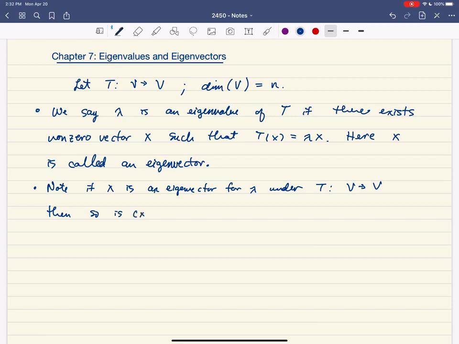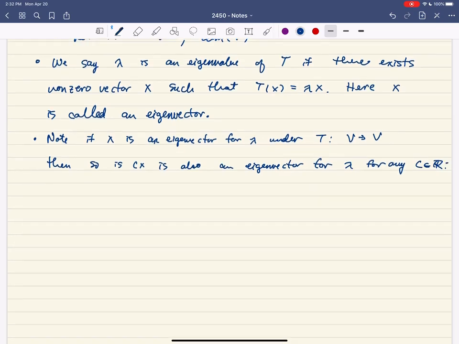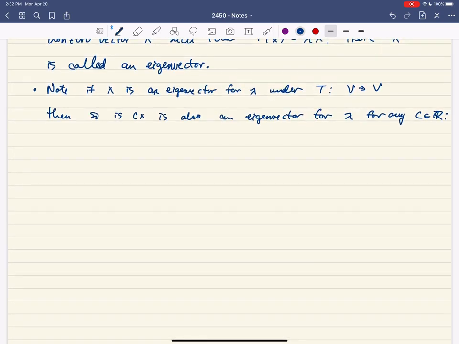So Cx is also an eigenvector for lambda, for any real number C. And the reason for this is pretty straightforward. It has to do with the definition of a linear transformation.